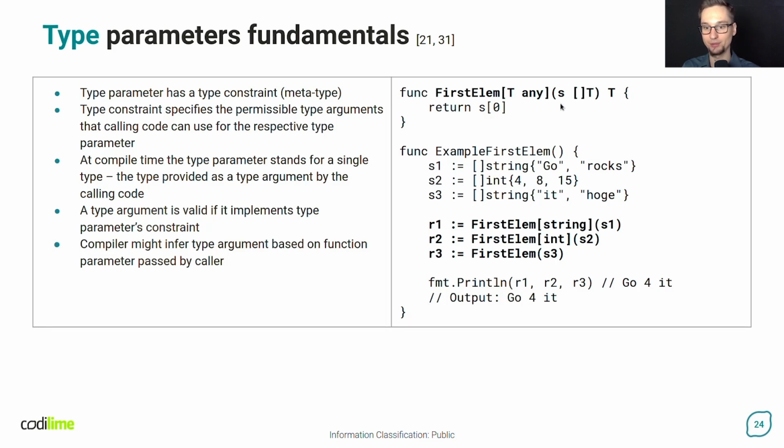The implementation is pretty simple. It just returns the first element of the given slice. So a type constraint specifies the permissible type arguments that calling code can use for the respective type parameter. In that case, any specifies all the types.